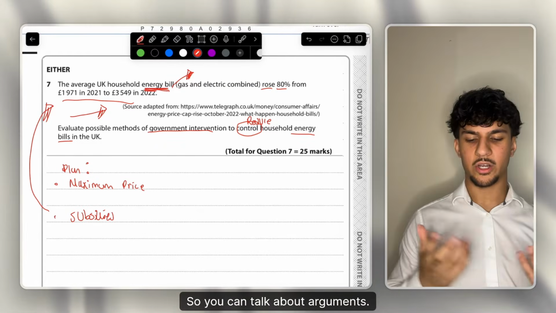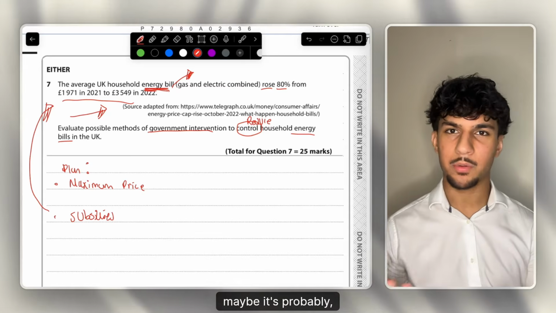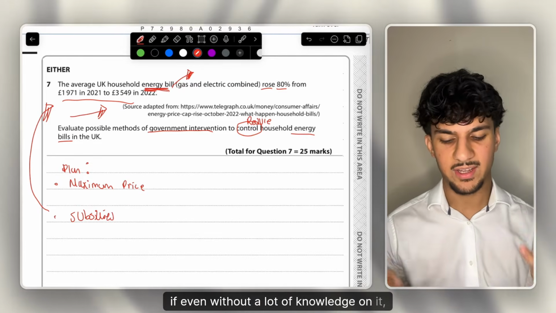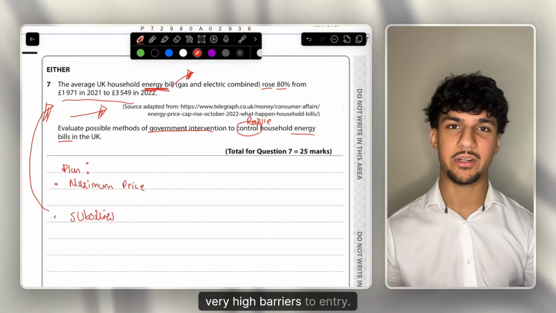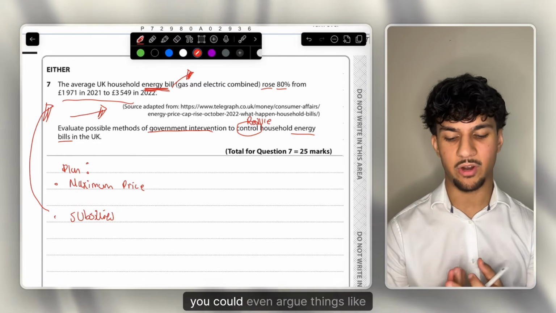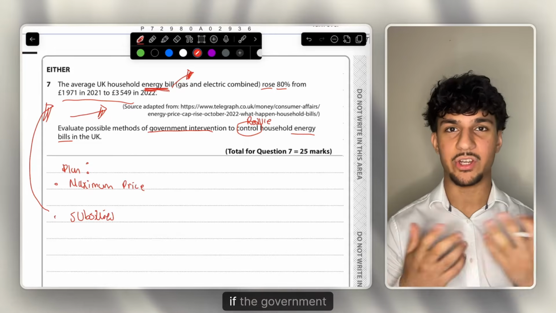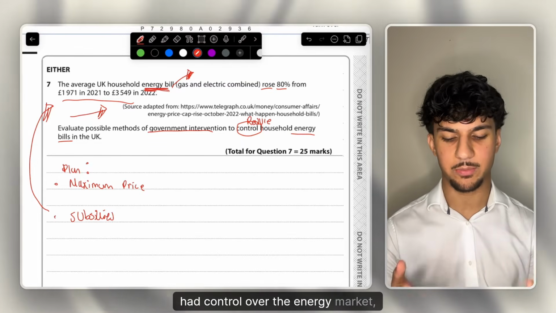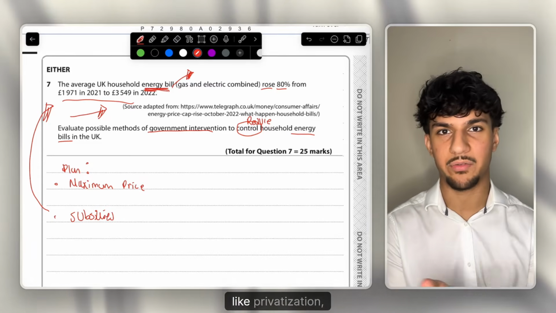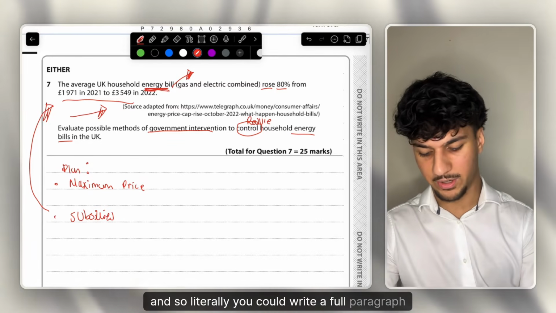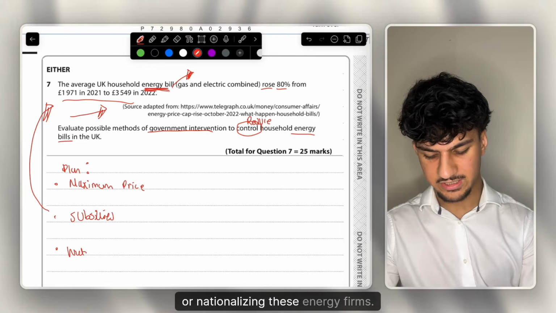So you can talk about arguments. Even without a lot of knowledge on it, you can probably guess it's an oligopolistic market structure, with very high barriers to entry. You could even argue whether, if the government had control over the energy market, it would mean better outcomes for households, so arguments for privatisation. You could literally write a full paragraph on nationalising these energy firms.